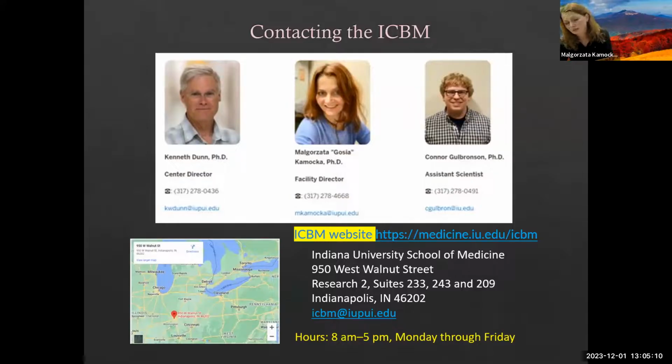So then we give you instructions how to register in iLab, which is our reservation software. And if you need training, we set it up based on information which you provide, because it's very difficult to choose a correct microscope without knowing what type of imaging you're interested in performing.